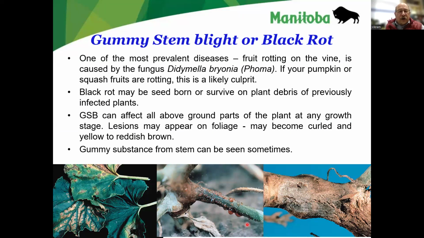And it is called gummy stem blight because of, you can say, the resin-like things or gum coming out from the infected stalks. Later, when it dries, there are pycnidia that you can see, and this can lead to poor storability of the squashes and pumpkins.